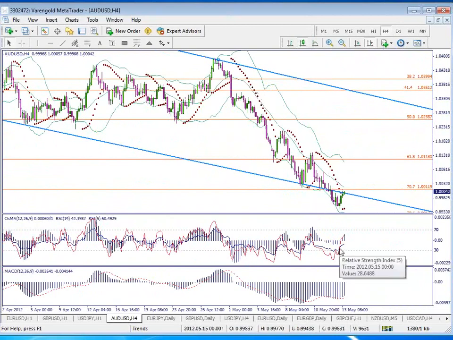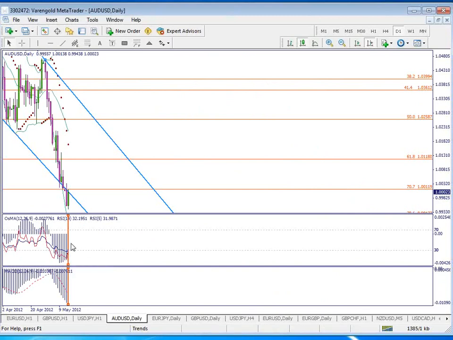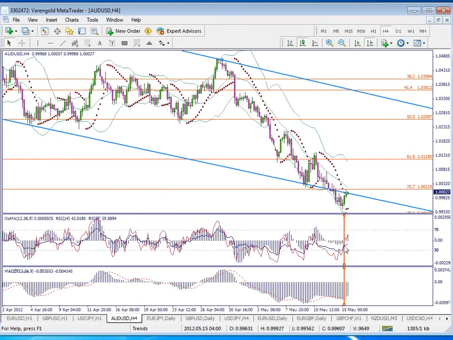Here we already have that signal for buy. Remember that it is into 4 hours, so I think that we can consider a buy trade, but as long as we don't have yet a signal on daily, we have to be very careful.